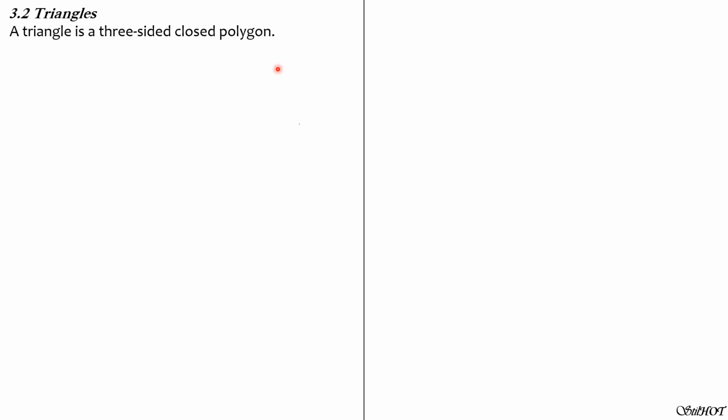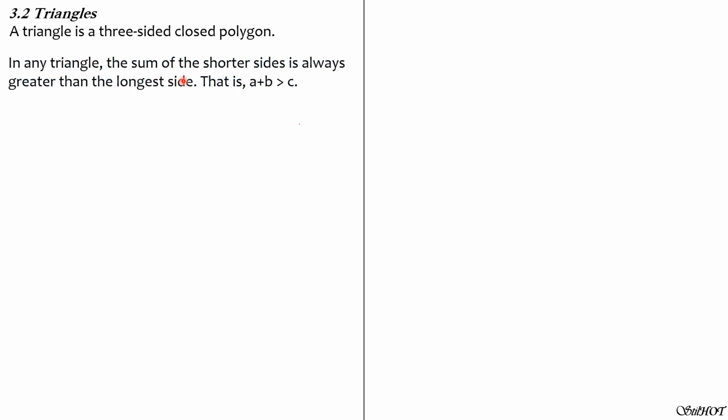So remember, sine law has an ambiguous case. So in any triangle, the sum of the shorter sides is always greater than the longest side. We should specifically restate that condition, because the condition is the sum of any two sides of a triangle should be greater than the third side.